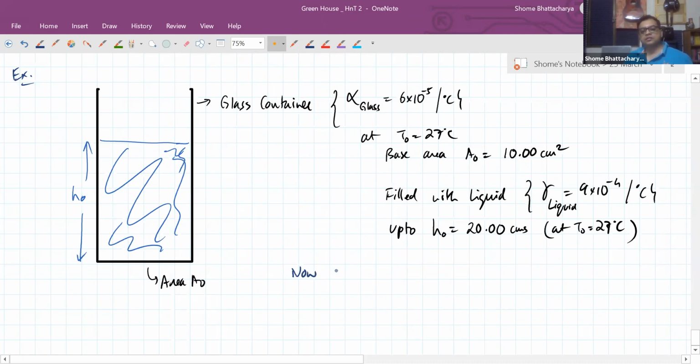So now the temperature of the container plus liquid is raised to, let us say, 47 degrees.